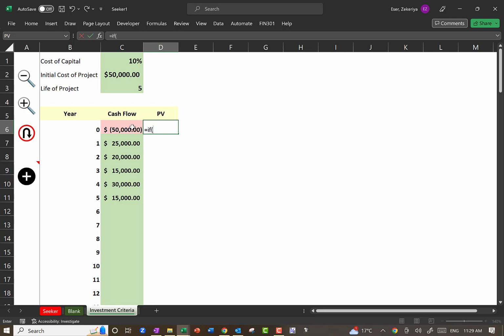So if year is greater than project life, 0, otherwise take the cash flow divided by 1 plus cost of capital raised to the power number of years.